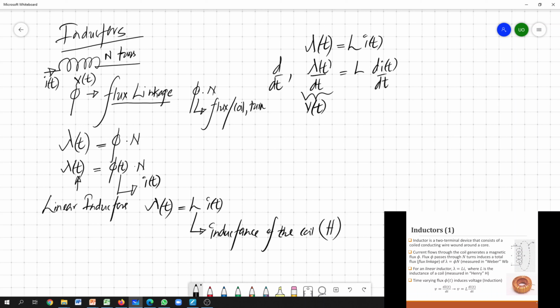If you have a time varying flux, there is a voltage induced across this inductor. So we can rewrite this equation: the induced voltage equals L times the derivative of the current.